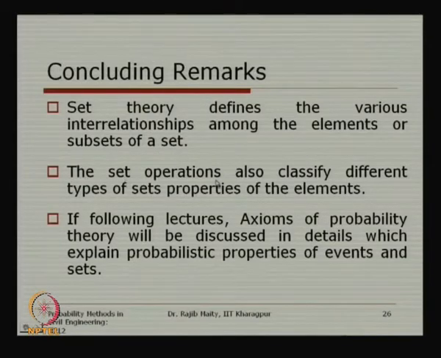The set operations also classify the different types of sets and the properties of the elements. In the next lecture, we will explain the axioms of probability theory, which will be discussed in detail in the next class. That will be very important for the probabilistic properties of events and sets.